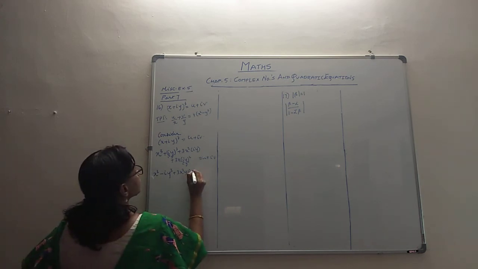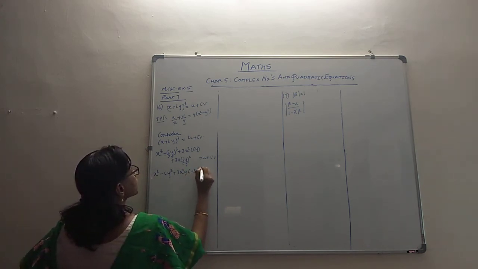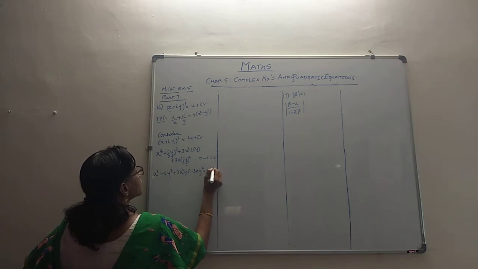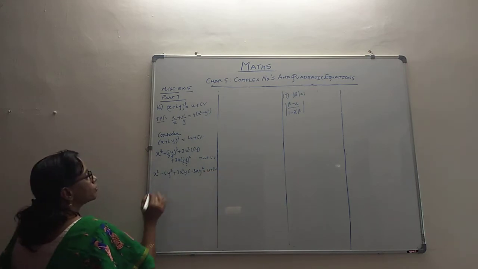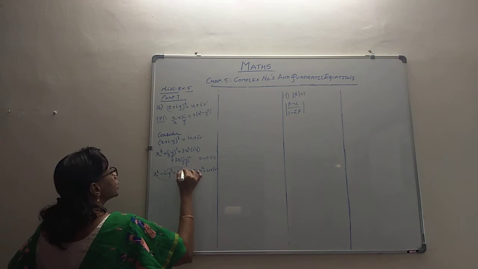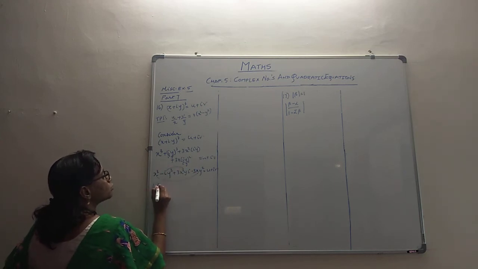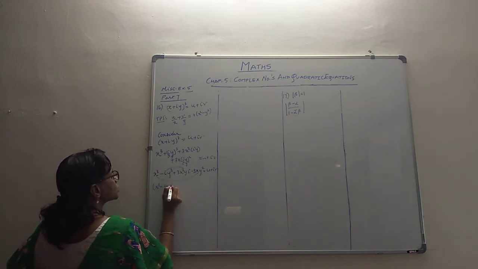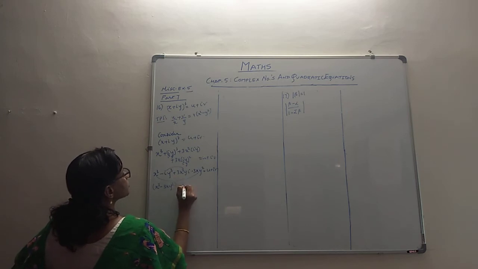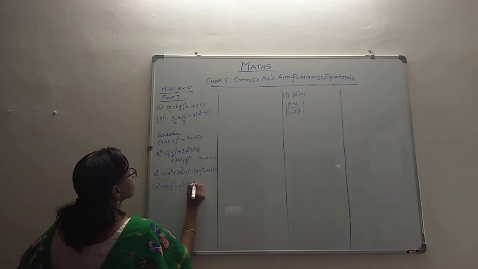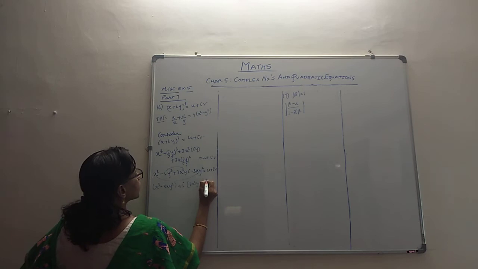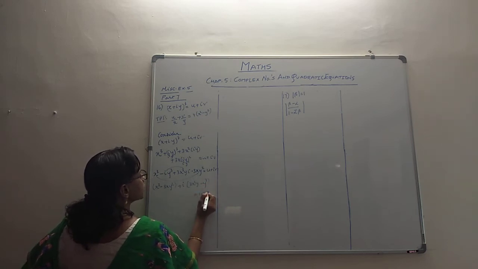Like that, this will become minus 3xy squared equal to u plus iv. So what we will do is we'll club the real terms together and imaginary terms together. x cube minus 3xy squared, and the imaginary terms are 3x squared y minus y cube. All this is equal to u plus iv.